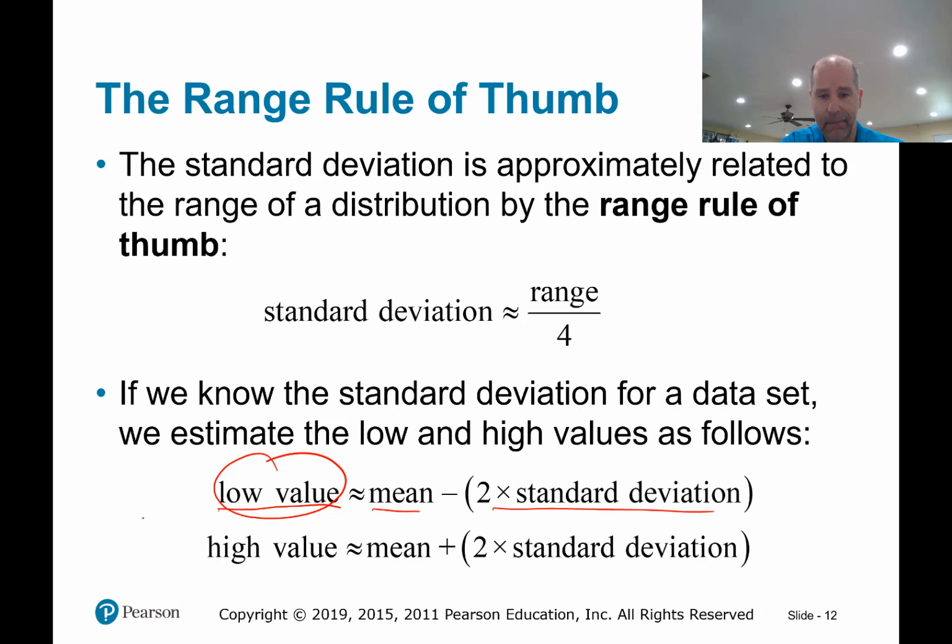To get a high value in the data set, not the max, we would take the mean and add 2 standard deviations. So basically we're going 2 standard deviations below the mean and 2 standard deviations above the mean to get a low value and a high value.